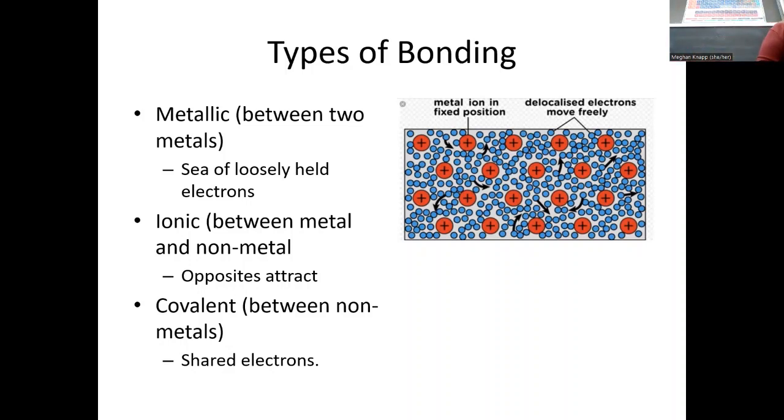Okay, so let's look at covalent bonding. We're going to come back to this graph here. But covalent bonding is based on, are the two atoms more stable if they are together, or are they more stable if they are apart?